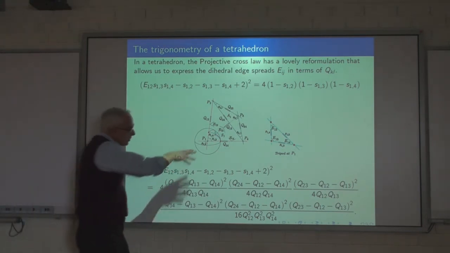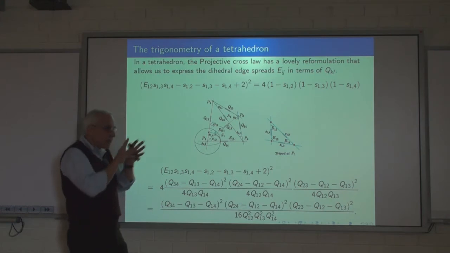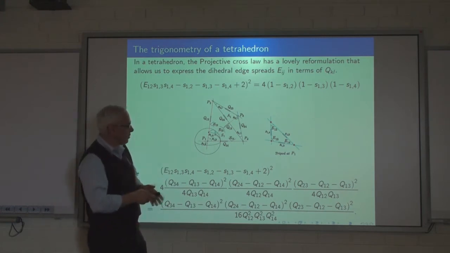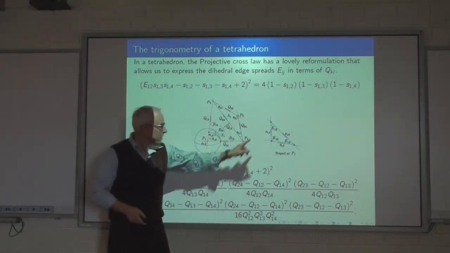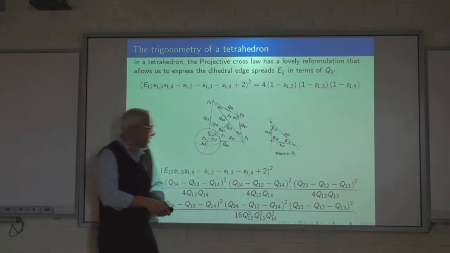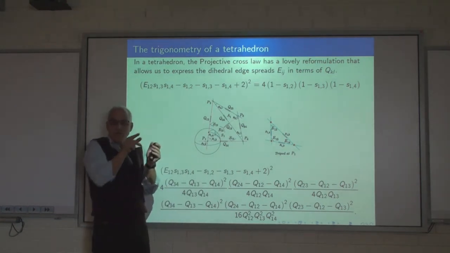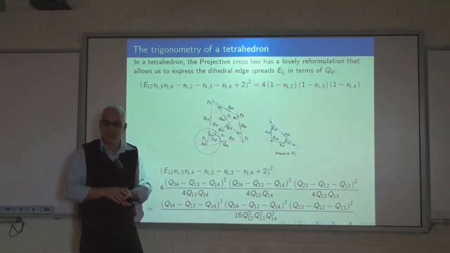Now if we look at this tetrahedron from the point of view of P1, those 3 lines emanating out, we get a projective triangle whose spreads are E12, E13, and E14. The spreads between the faces determined by those 3 lines emanating from P1.